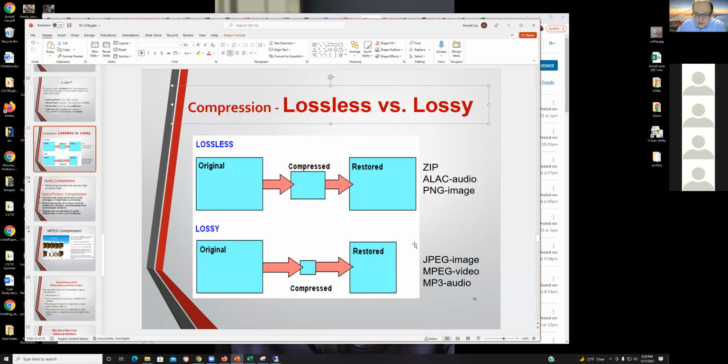So that's where it might be appropriate to have lossy compression to save a lot of space, because the output is only viewed on a small screen. But in other cases where you're trying to present this high res movie on a big screen, then you probably don't want to have some losses in your compression. So that's why you have lossless compression also, okay?